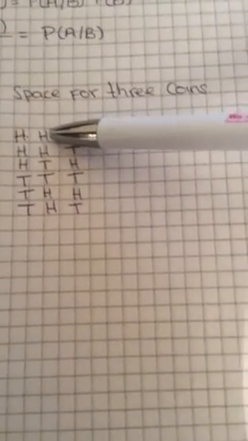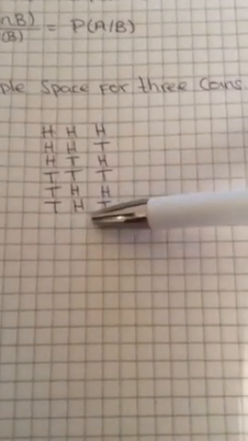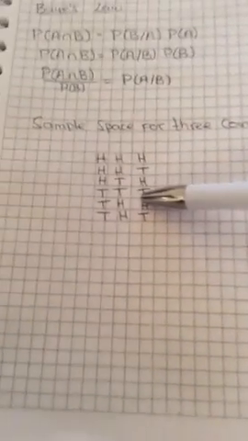Afterwards, we write 2 heads, 2 tails, 2 heads, as we can see, and finally 3 heads, 3 tails. And here we're going to have the total sample space for the flipping of 3 coins. This is one example of the experiments we can make in probability.